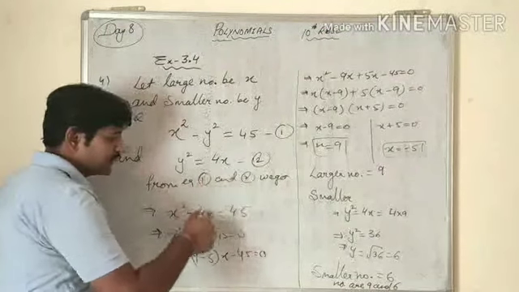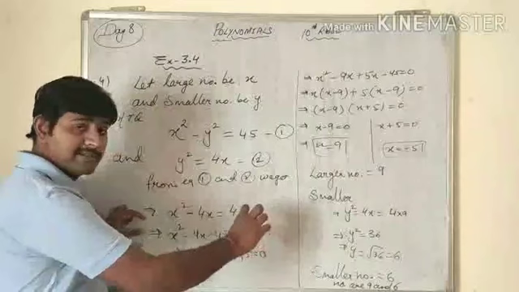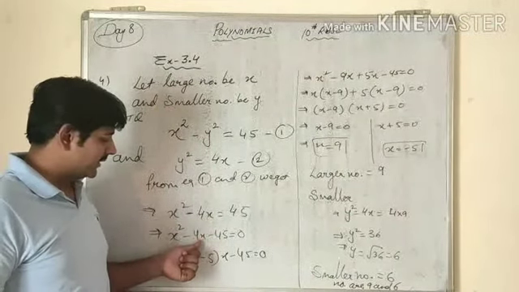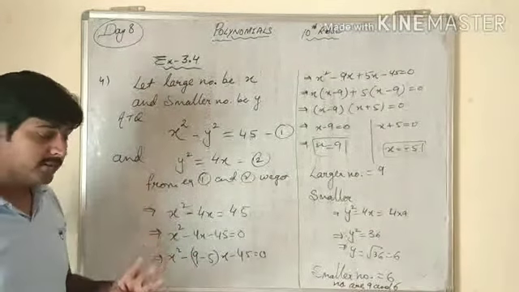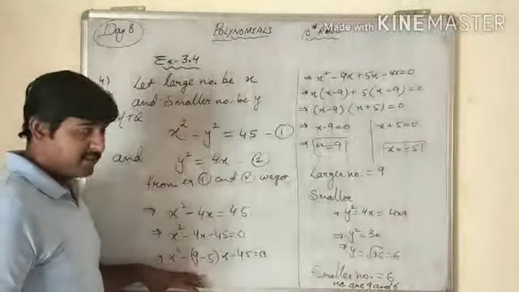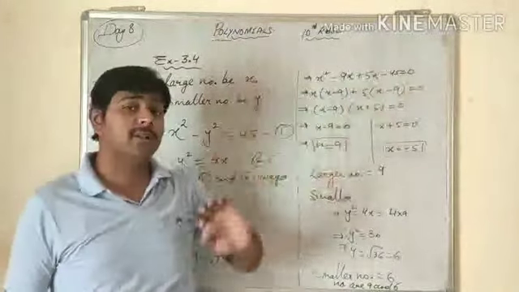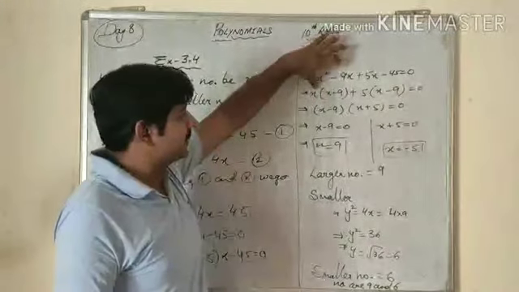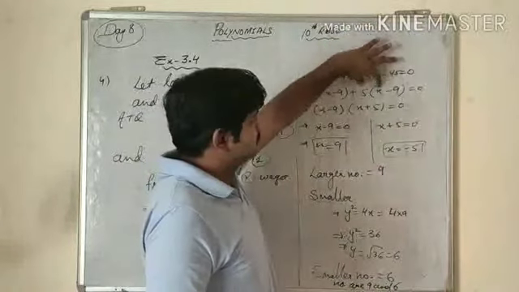Now this 45 is shifted to this side, so there will be negative 45. Now this 4x can be split like this: 9 minus 5 gives 4 again. So x square minus 9x plus 5x minus 45 equals 0. In the first two terms only x is common, so x minus 9. In the next two, 5 is common, so x minus 9.